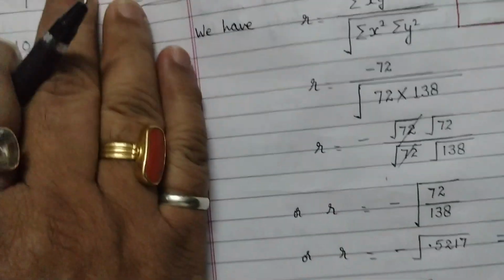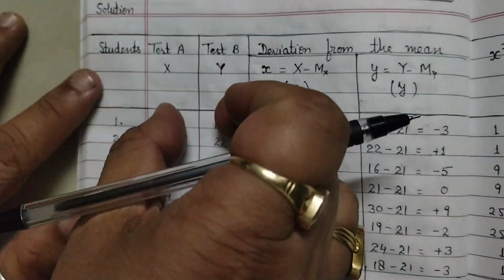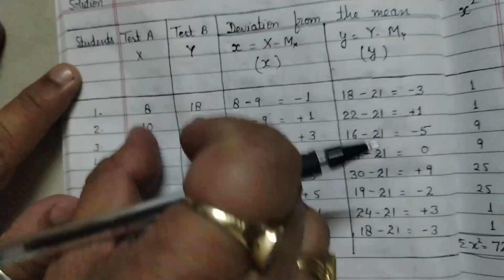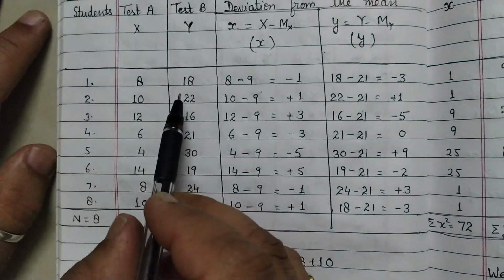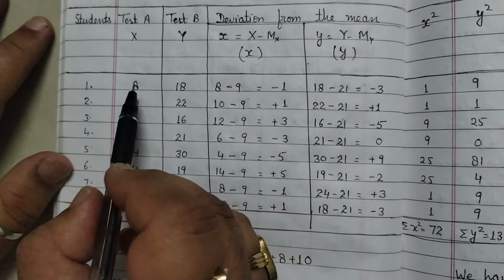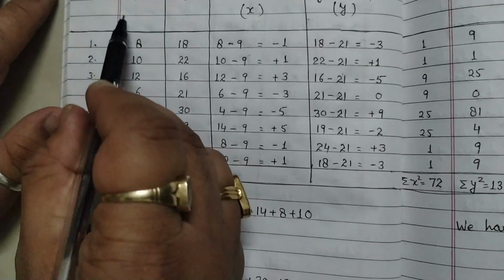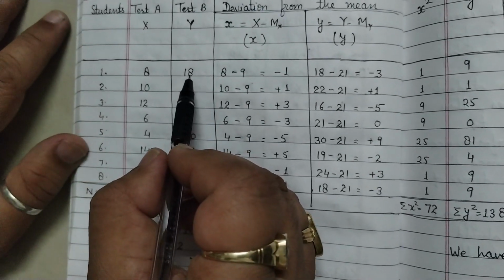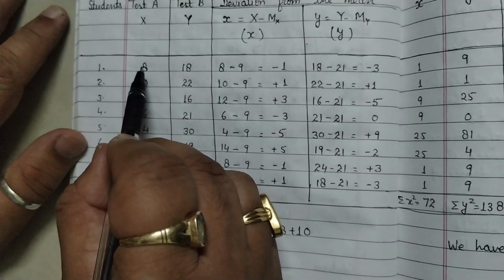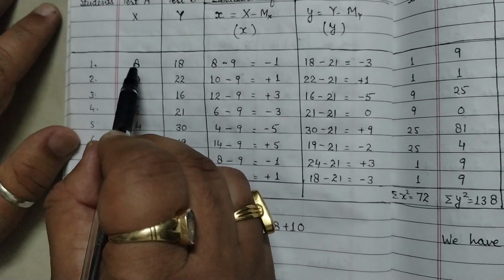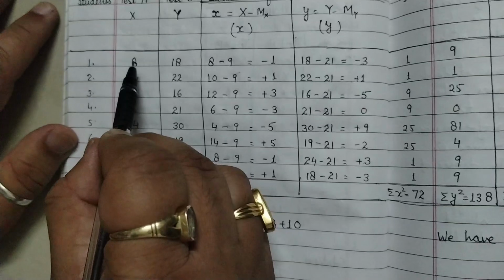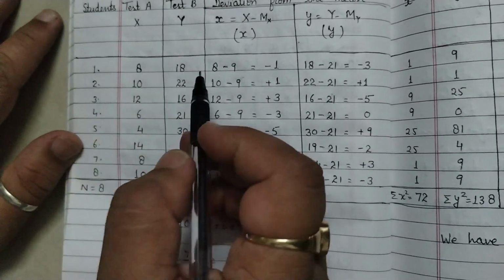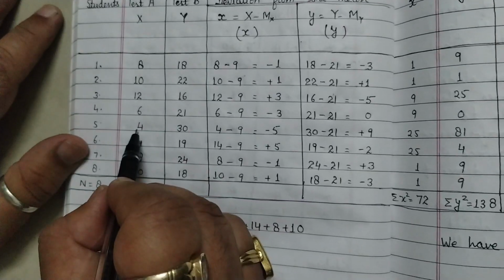Now look at the table. Here it is very clear from the two scores, or two variables, that look at the values 8 and 18. Student 1 has scored 8 marks in one test and 18 in another. So in one subject he is performing very well, and at the same time he is not doing well in another subject. Similarly, look at this score.